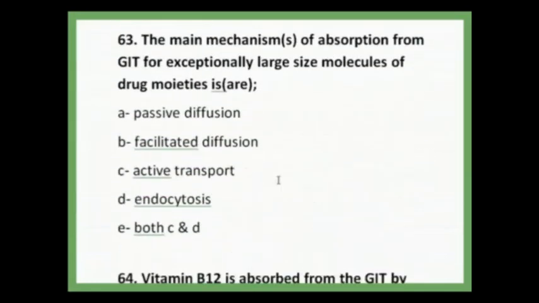Now the third MCQ: the main mechanism of absorption from GIT for exceptionally large size molecules of drug moieties is or are: passive diffusion, facilitated diffusion, active transport, endocytosis, and both C and D. In this MCQ we are actually asked about the mechanism of absorption for large molecules of drugs.